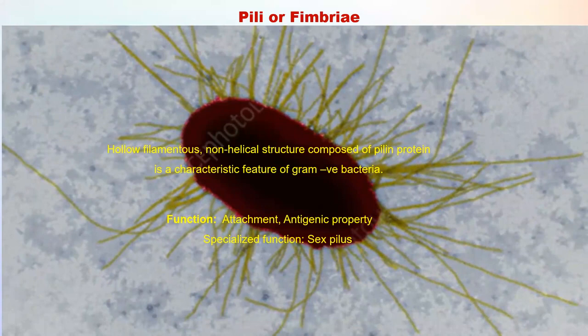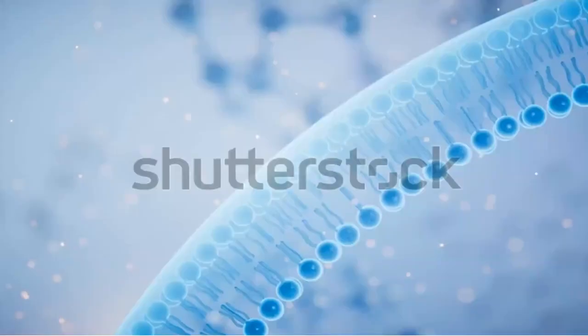This pili helps the bacterial cell in attachment, and it also has some antigenic properties. They have special functions, as some of the pili are modified as F pili or sex pilus, which helps in conjugation.